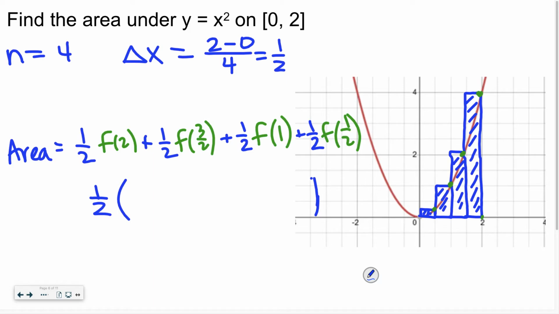Okay. So the height at 2 is going to be 2 squared. The height at 3/2, we're just plugging into our original equation, x squared.